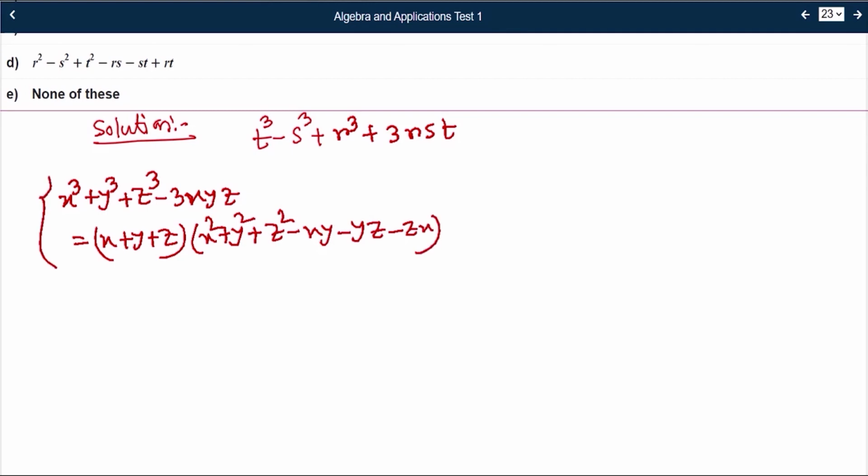So we are going to use this same identity over here. Suppose x equals t, y equals minus s and z equals r, correct? That means t whole cube plus minus s whole cube.